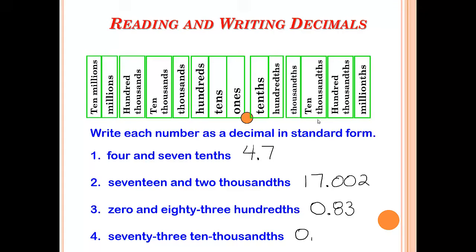So we're going to put the 3 in the 10,000ths place. Then we're going to put the 7 right in front in the thousandths place. Since we don't have anything for the tenths or the hundredths, those would both be zeros. So 0.0073.